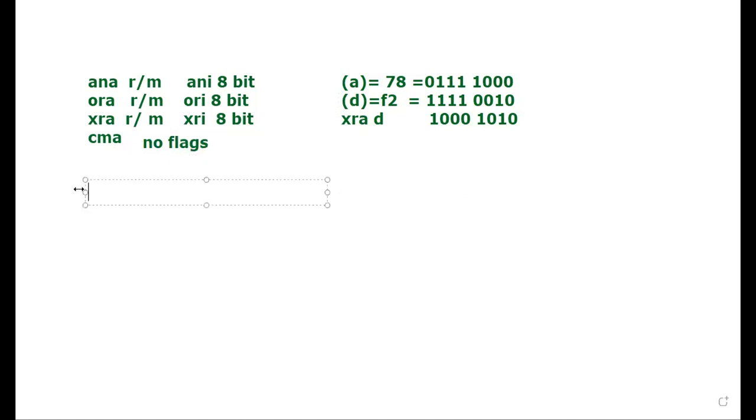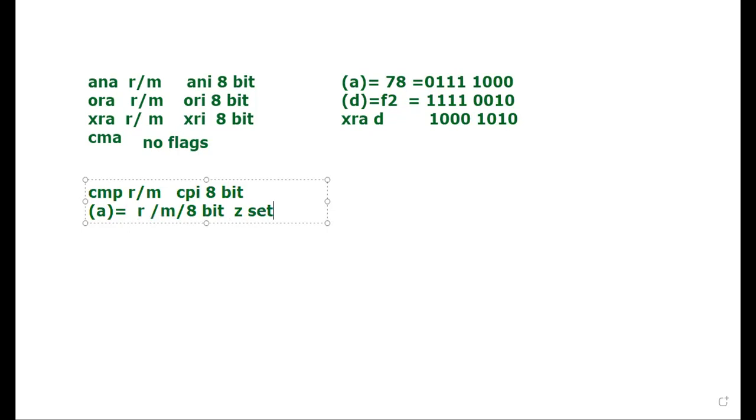Then you have CMP R or M and CPI 8-bit number. This instruction compares the contents of the accumulator with a register or memory or 8-bit number. If both of them are the same, then the zero flag will be set, because it actually subtracts the number, but it doesn't store the answer. The accumulator contents don't change in the compare instruction.